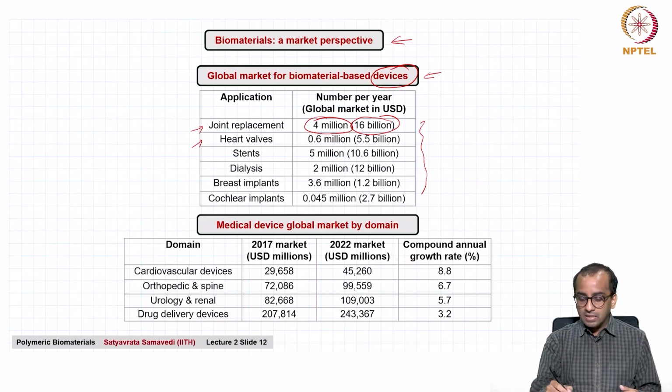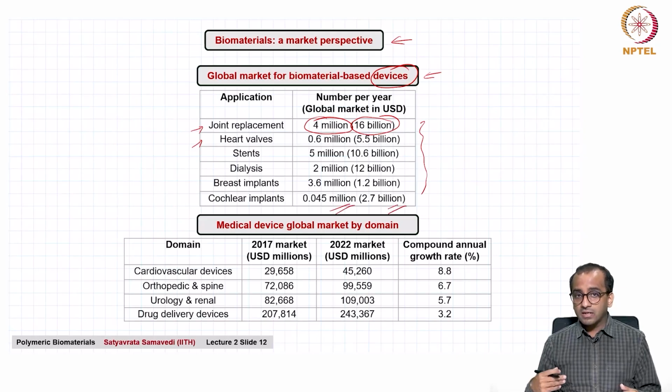All of these, the numbers that you are looking at simply indicate that this is a very, very, very large and booming industry. And what is also important to keep in mind that one or two of these could also be related to lifestyle based conditions, and those are continuing to rise, and so the need for these is only going to rise with time.